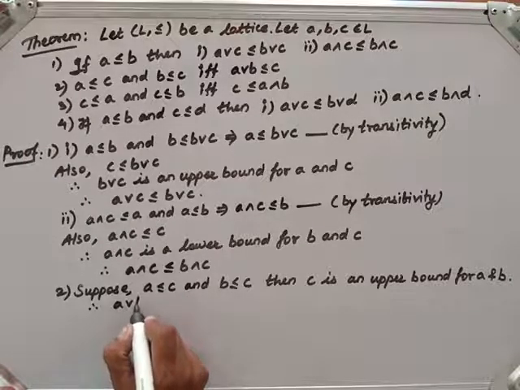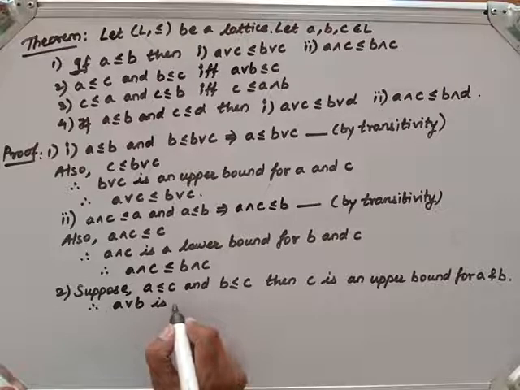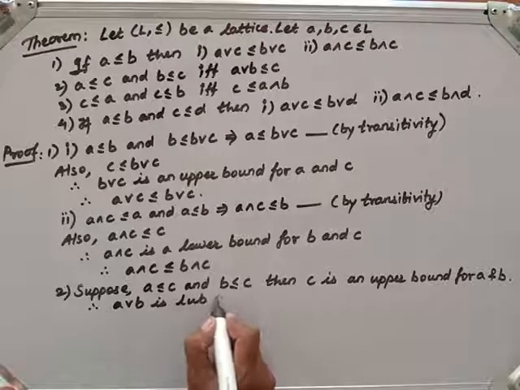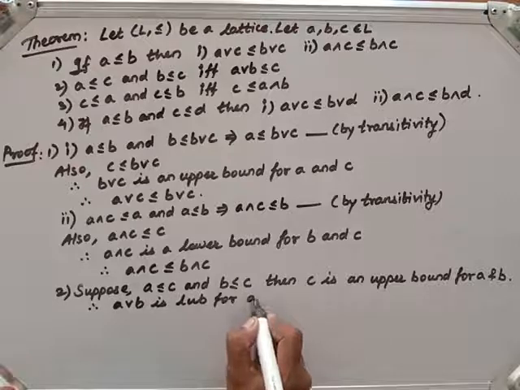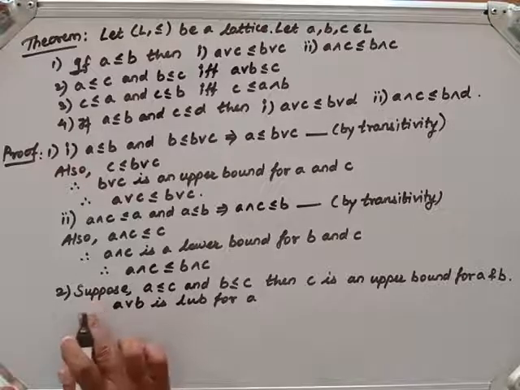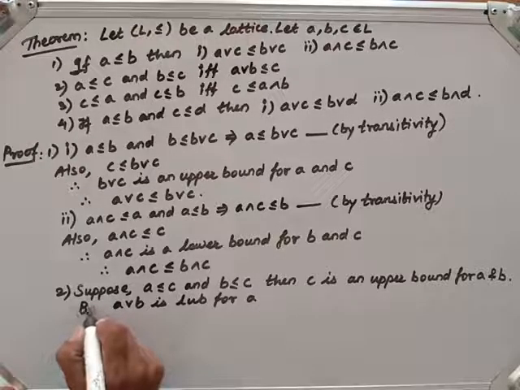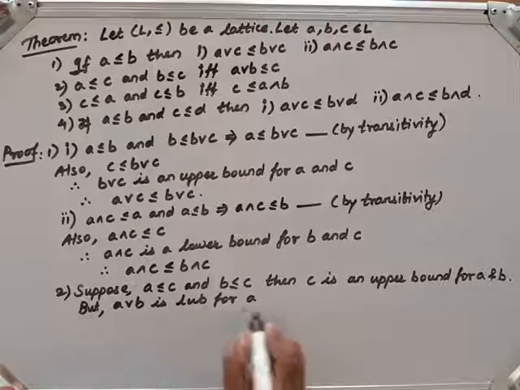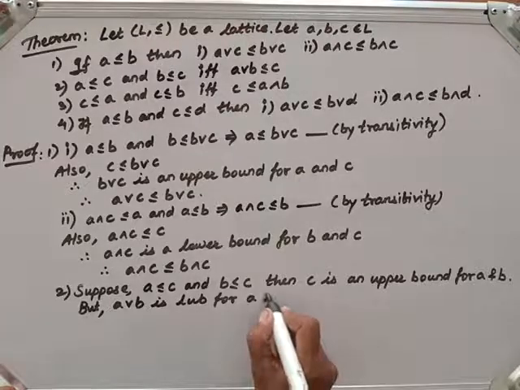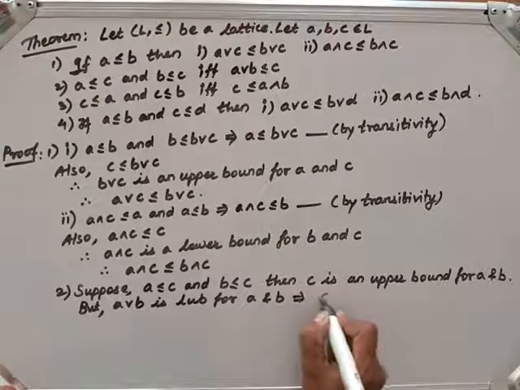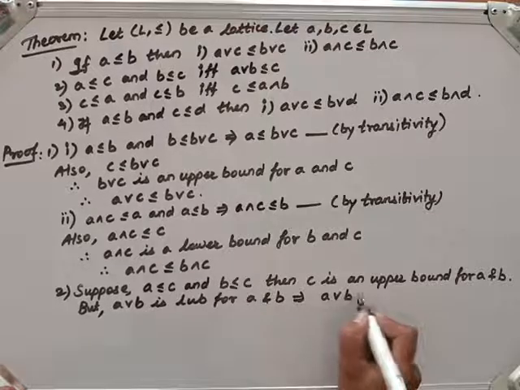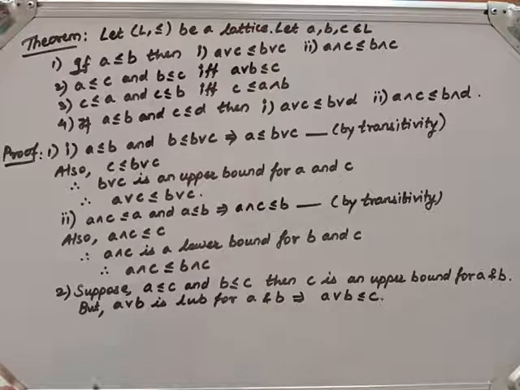A join B is the least upper bound for A and B. So this implies A join B is related to whom? C. Fine. This is a direct one.